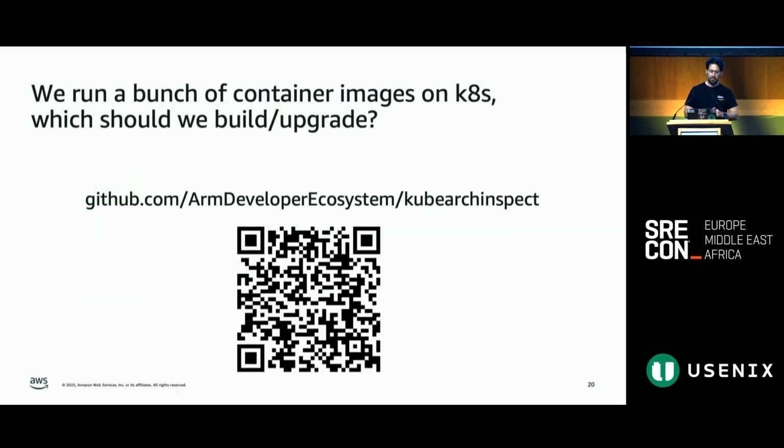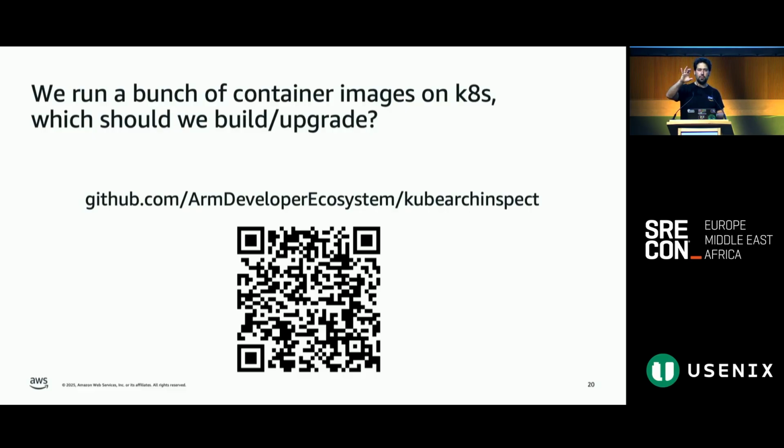This question doesn't come up a lot, but it is interesting to know. If you have a large Kubernetes cluster with a lot of container images, and you want to gauge how much work you're going to have, this allows you to scan your Kubernetes cluster and then say, OK, these are all the images I have in the cluster.